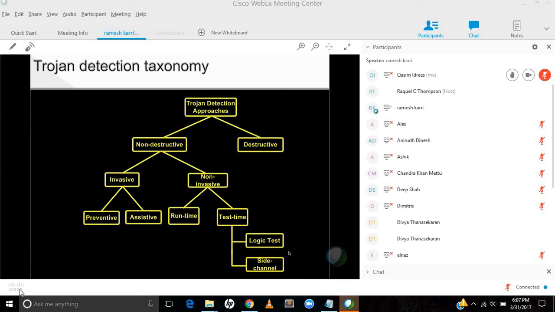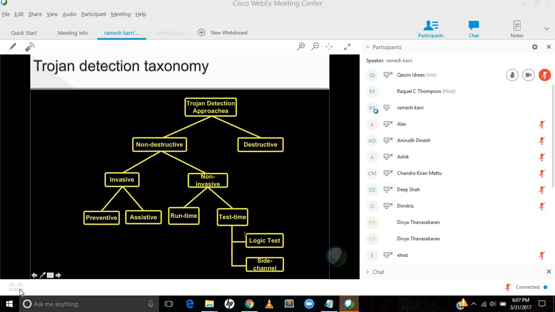Typically, these Trojans are inserted in locations that are difficult to reach via tests or test patterns. In regular testing, they would give up and say it's not important because of the low likelihood. But that's where the attacker would go. He will run the test and say, oh, this region is hard to test, let me put a Trojan there.